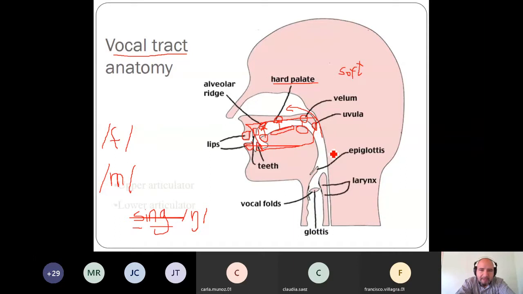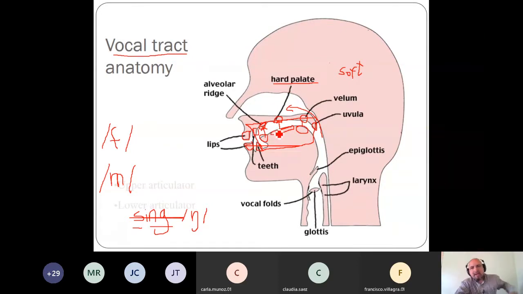So how does the airstream escape through your nose? Because the uvula is lowered, it's down. If the uvula is down, it allows the airstream to escape through the nose. But if the uvula is up, if it's raised, the airstream does not escape through the nose, but through the mouth or oral cavity. In general terms, we have oral sounds and nasal sounds.